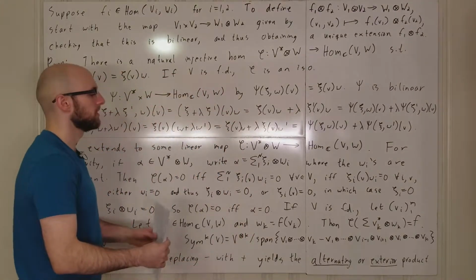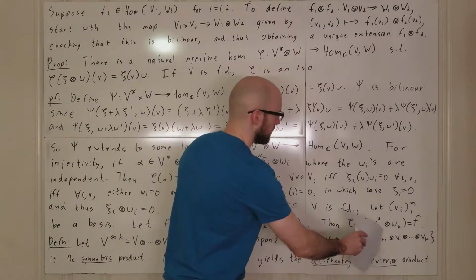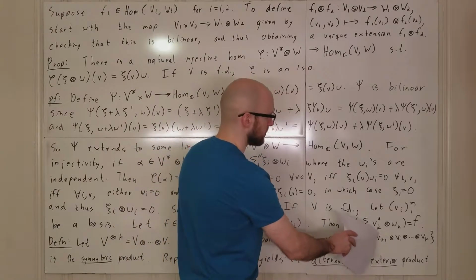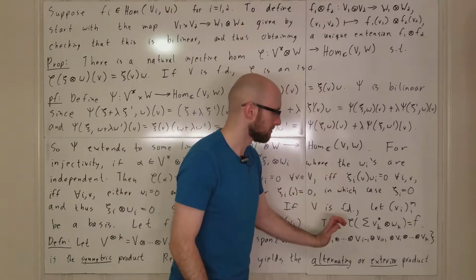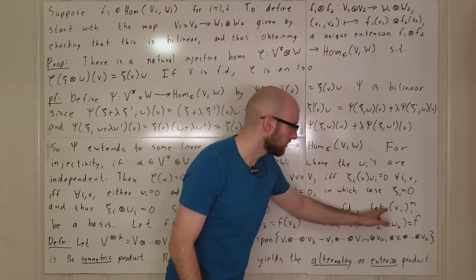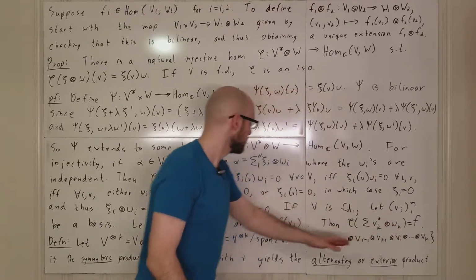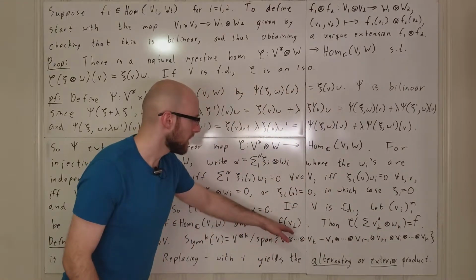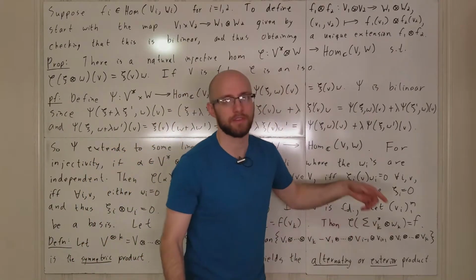So if you plug in vi into here, then each of these terms is going to be 0 except for the ith term, in which case this part will give you a 1 and you'll be left over with wi. But wi is f(vi). So if you plug in vi here, you're going to get f(vi).